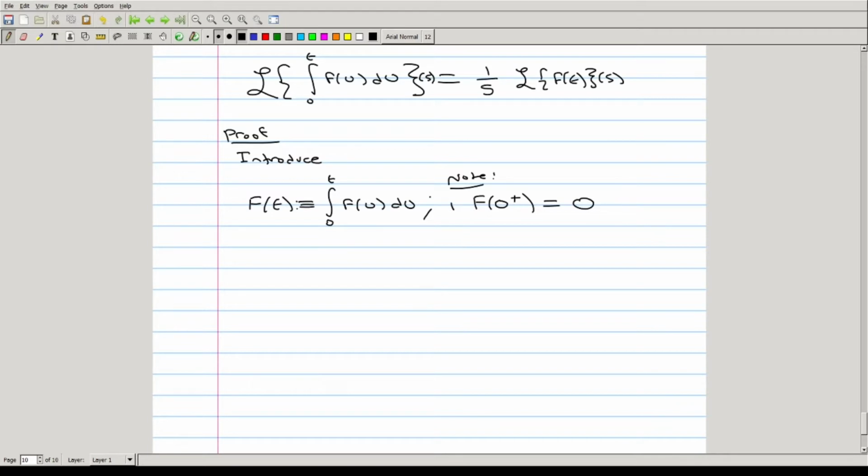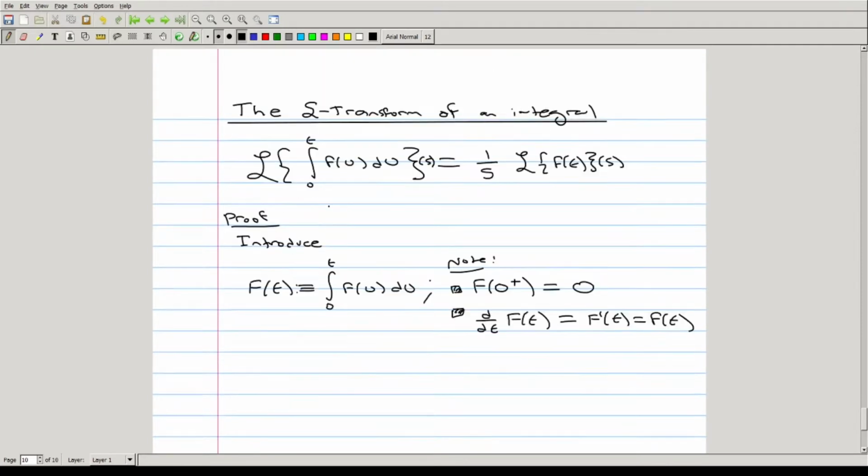And likewise, note that by the fundamental theorem of calculus, the derivative of capital F of t, or F prime of t, is equal to lowercase f of t. And the proof of this is really simple.